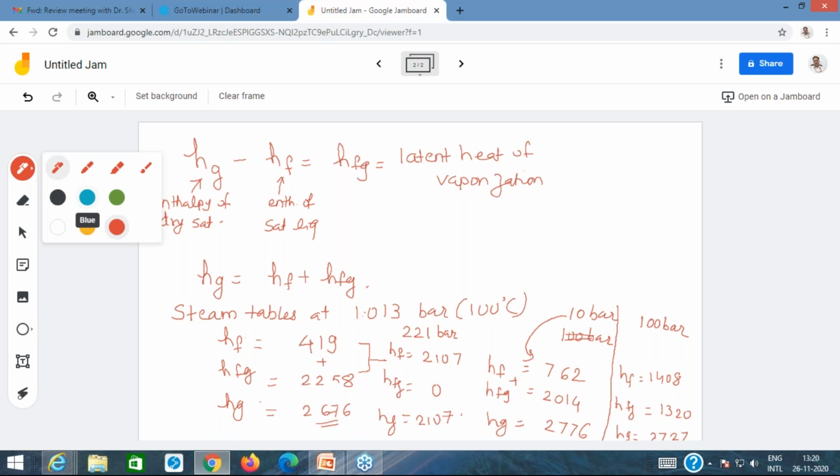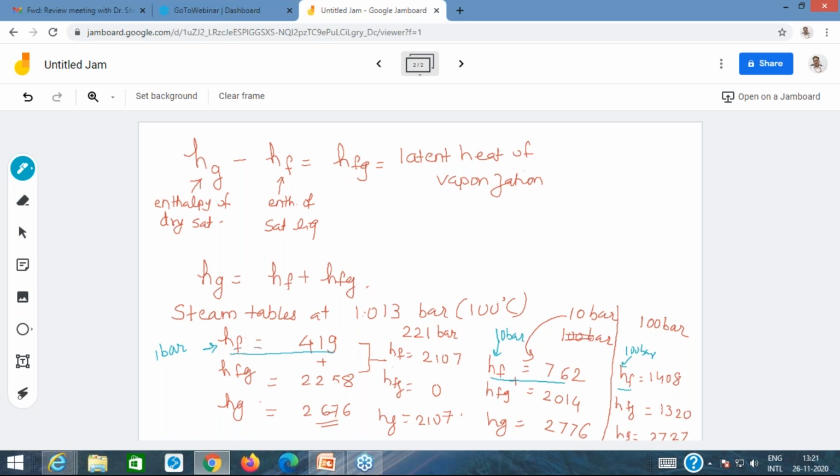So now let me discuss this a bit. If you look at the Hf value, this is the Hf value at 1 bar. This is the Hf value at 10 bar. This is the Hf value at 100 bar.